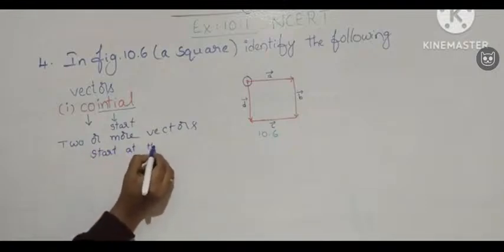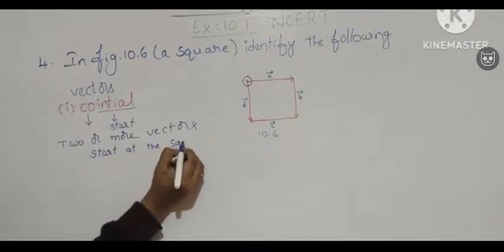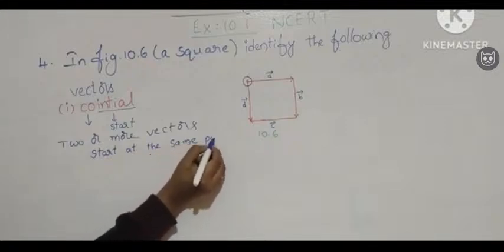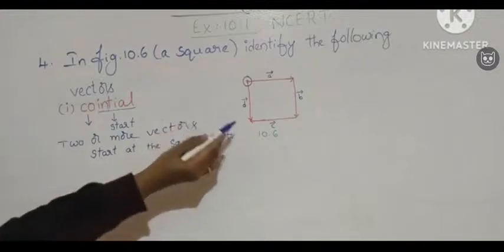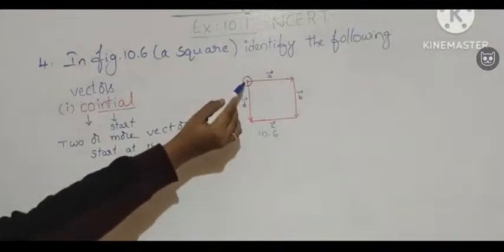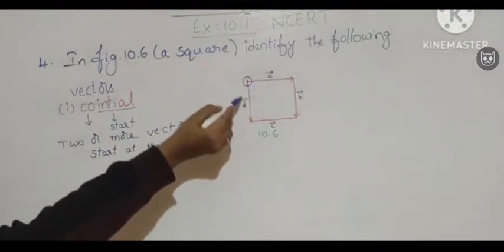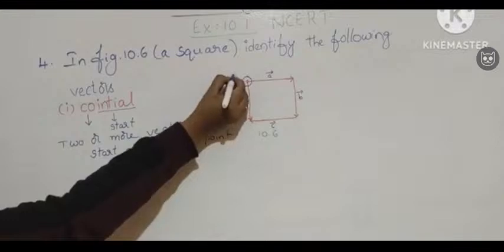If we observe the given figure, here A bar and D bar, two vectors, start at this point P.